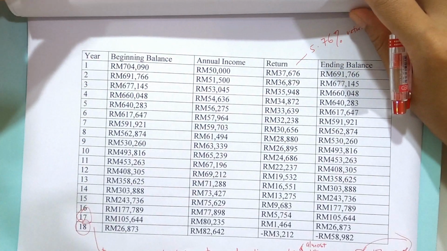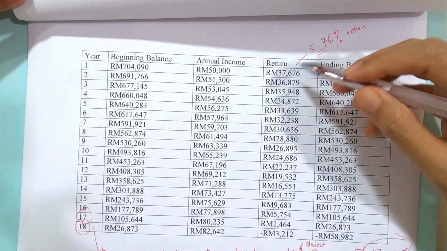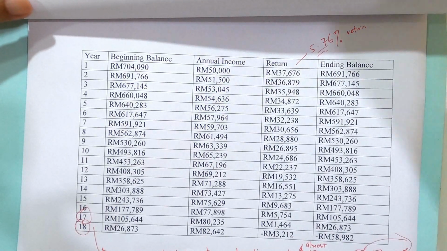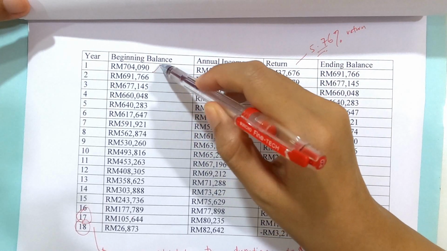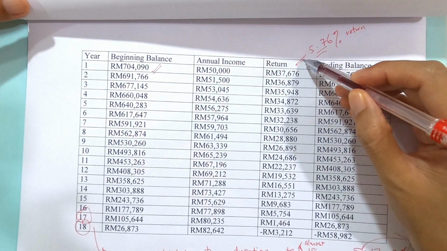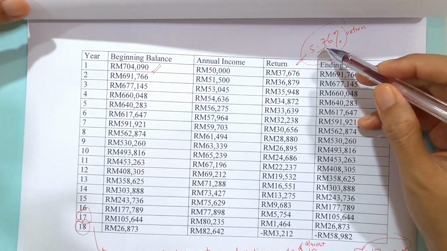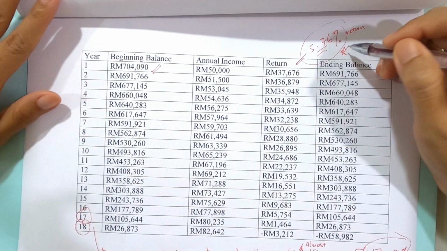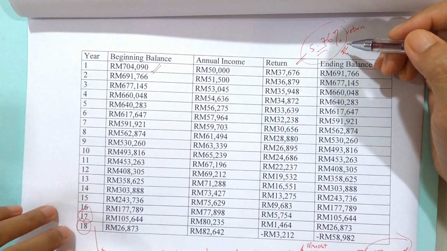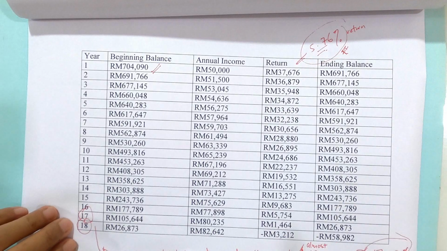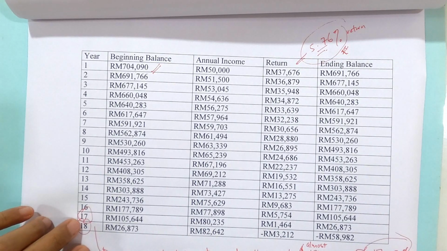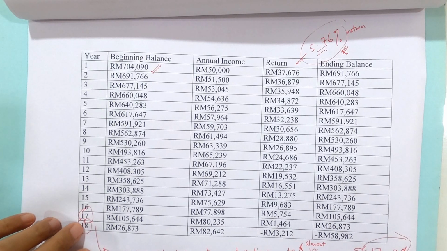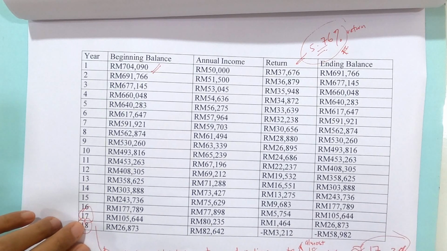So by having a new return, we try to recalculate our table with the beginning balance of 704,090, and by considering that the return is 5.76%, after we do the reallocation of the asset, we can see that the money now can stretch for more than 17 years.